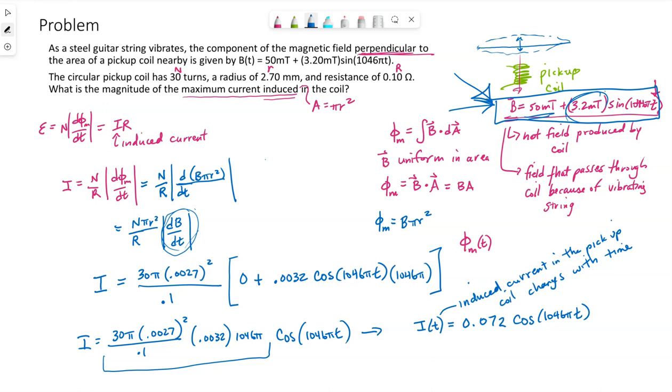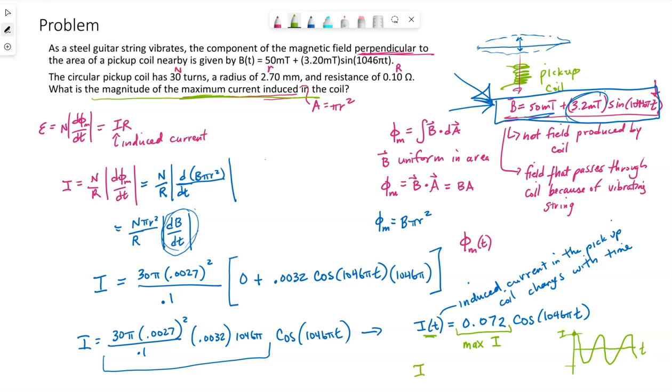Now, as far as this problem is concerned, it's asking us for the magnitude of the maximum current induced. If we imagine graphing this cosine function for the current, we know it starts at a peak and oscillates between that peak value on the top and on the bottom. We call that the amplitude, if you recall from earlier. The amplitude of the function represents the maximum value of whatever the function's describing.